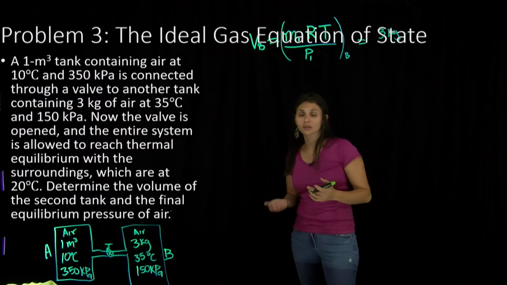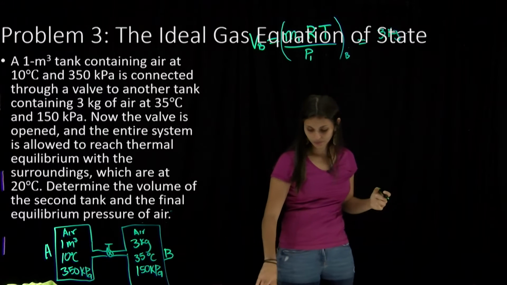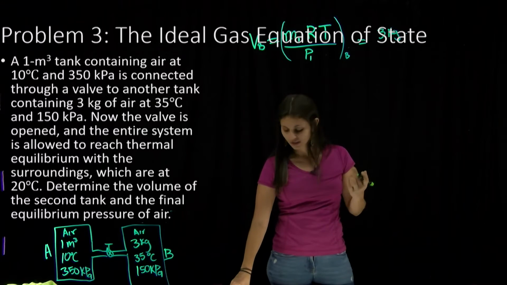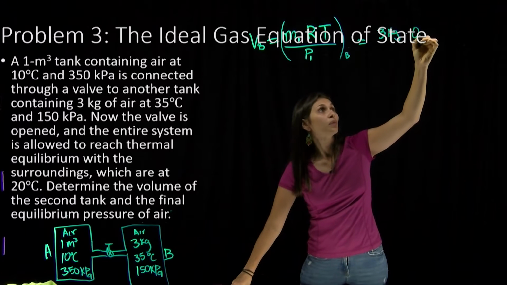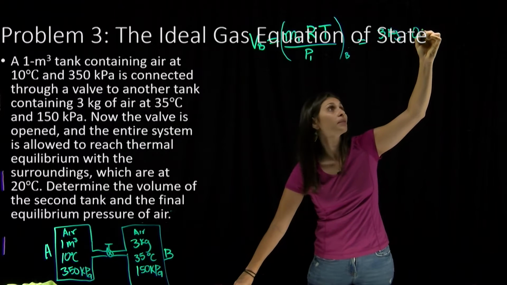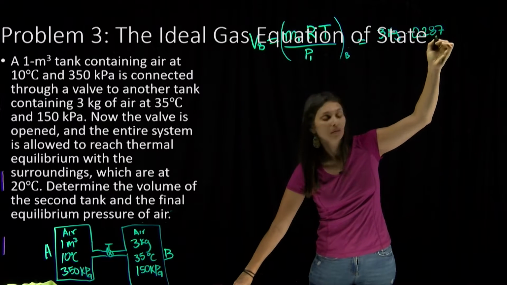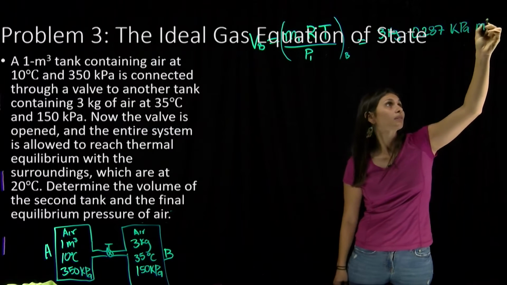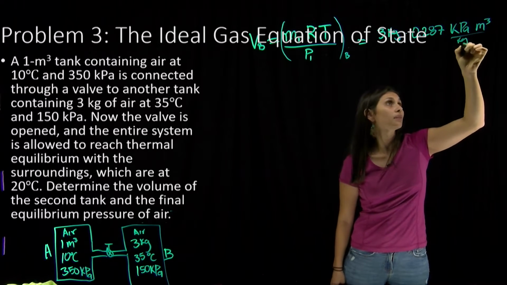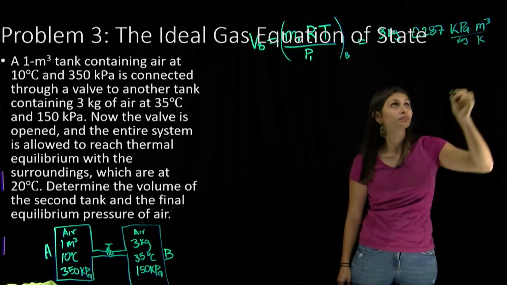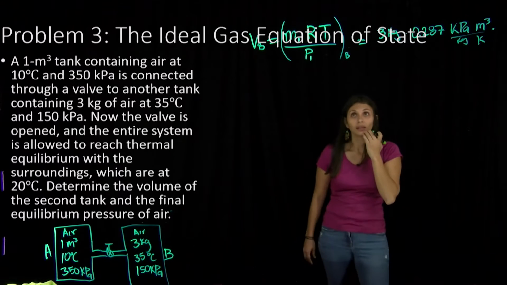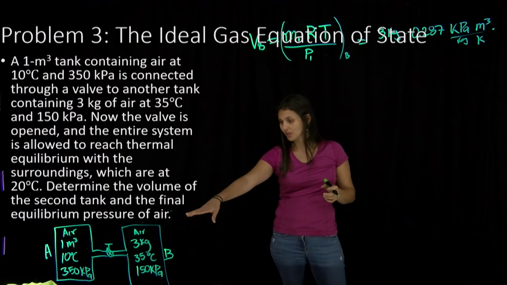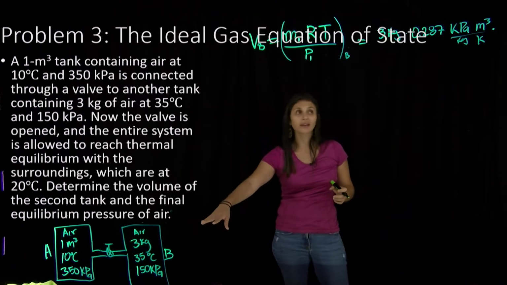The constant, using SI units, you can find in the textbook. It is 0.287 kilopascals cubic meter per kilogram Kelvin, right? And then times the initial temperature of the tank, which here we say is 35 Celsius.